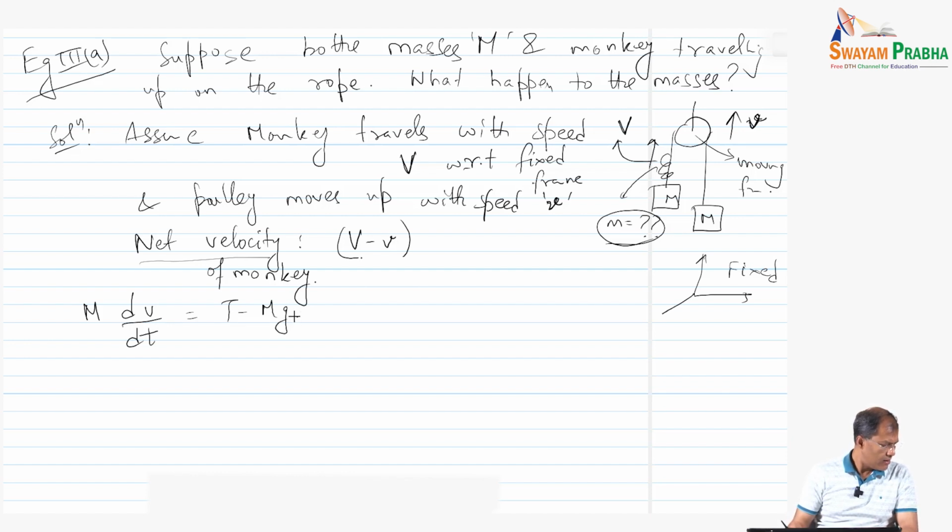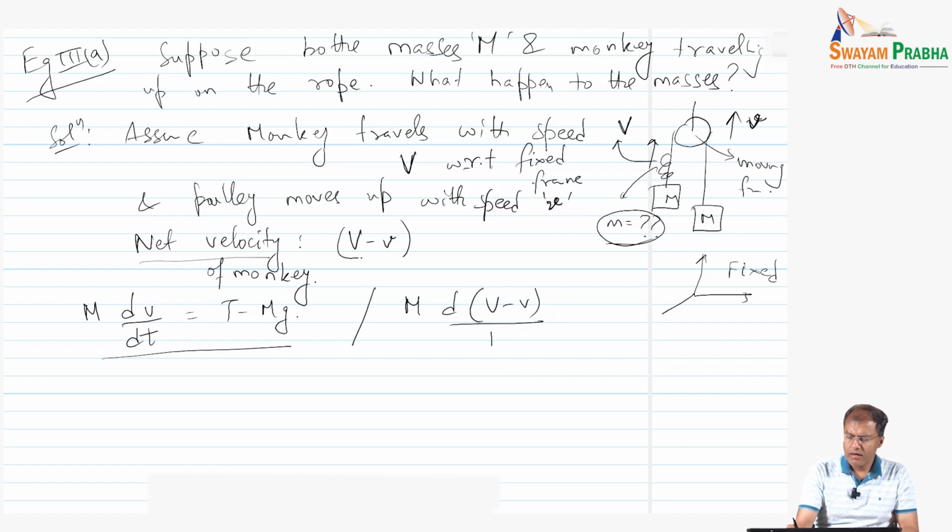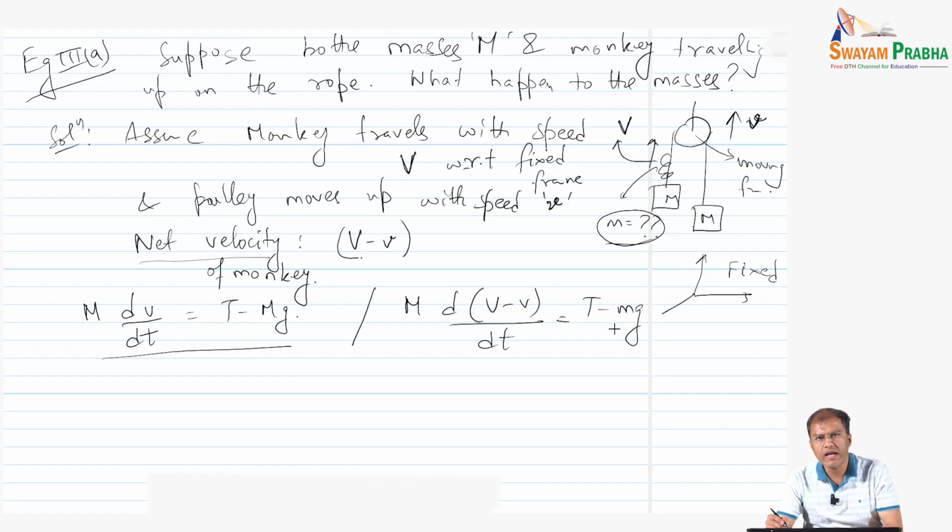And the second equation of motion for the monkey is M times d(V minus v)/dt is equal to, again, I don't know what is the direction of the net force. So let us keep the net force to be T minus Mg, right? So notice that the net velocity of the monkey is V minus v. So hence we have V minus v in the second equation, right?